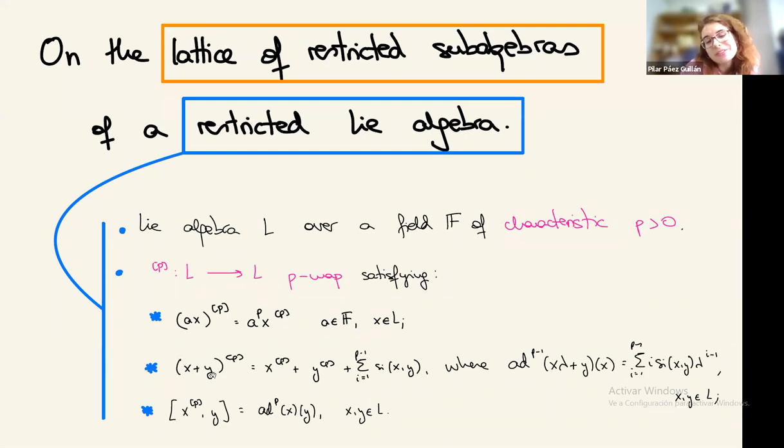Instead of what we would desire, x plus y to the p equal to x to the p plus y to the p, we have an extra term, which has a more tricky definition. But let's just think about it as a sum of extra terms, which vanish if the Lie algebra is abelian, for example.